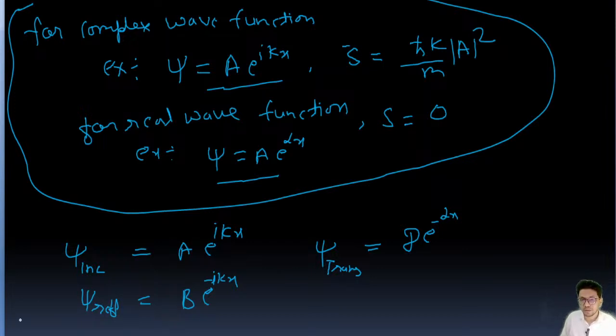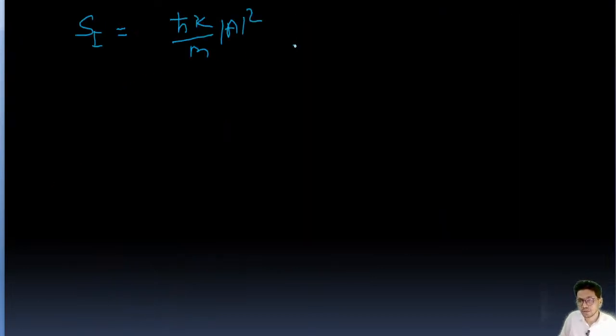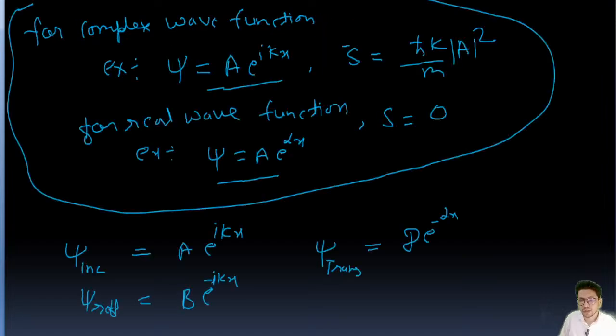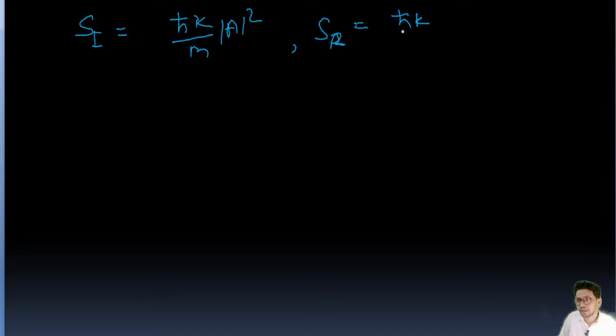Now S R, the reflected probability current density, is h cut k upon m mod B square.